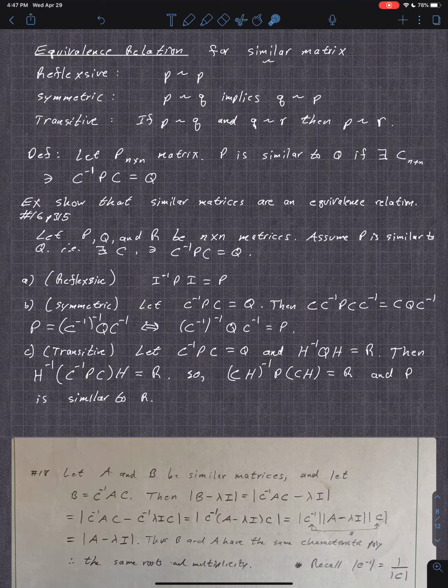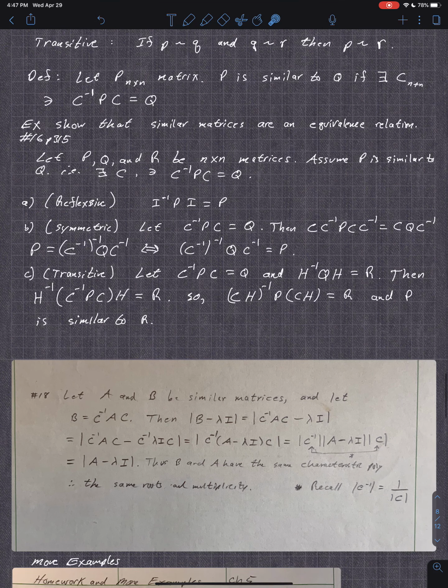And then transitive, if P is similar to Q and Q is similar to R, then P is similar to R. So that's transitivity. Okay, so you might be familiar with this. If you ever teach or tutor math for elementary school teachers, you will go through this concept as well. Okay, that's math 4 at JV, by the way.